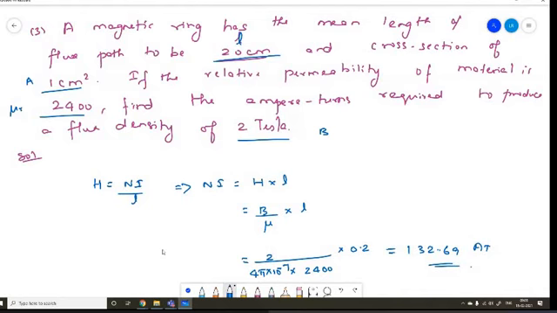Okay, so such type of problems we are going to deal with. So whenever there is an air gap, you must understand that the reluctance at that particular air gap will be different from that of the iron or the steel ring. Okay, so therefore you need to analyze both these segments separately, and then you will have to put them together. Okay, so please keep this in mind.